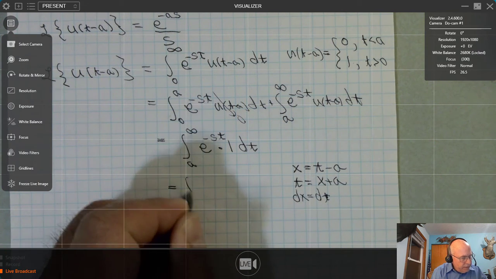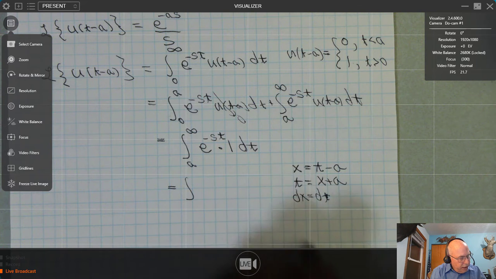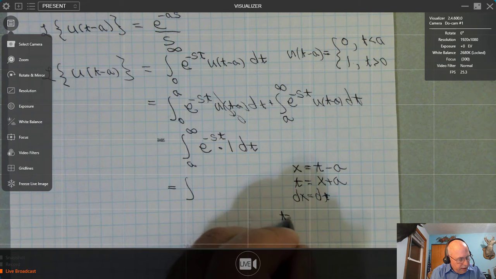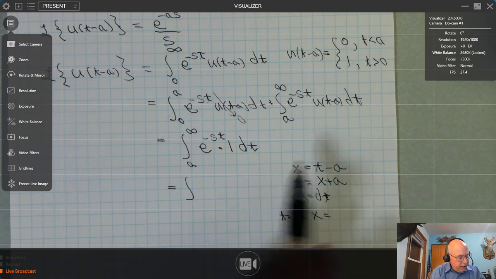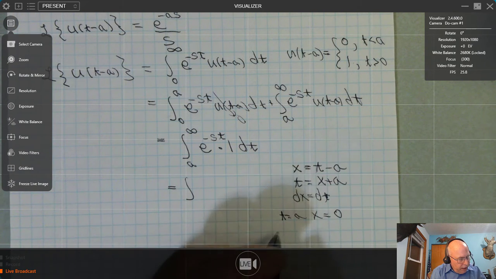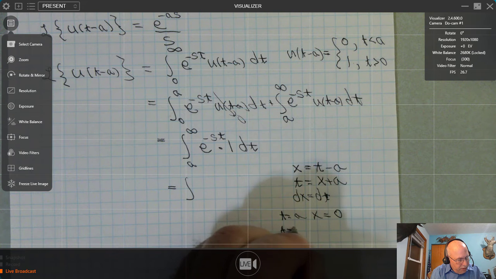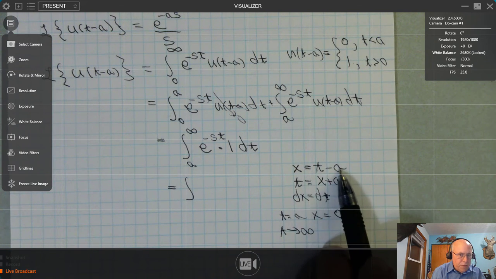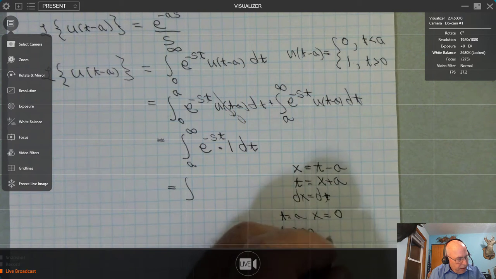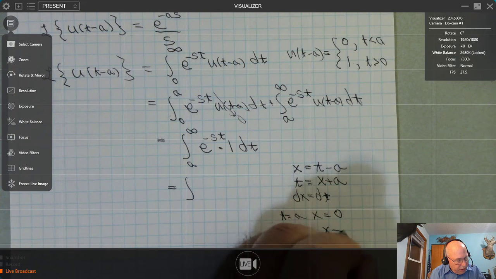So let's do that. All right, when t is equal to a, x, well, plug in the a here, x is equal to 0. And when t goes to infinity, well, you're subtracting off finite a, so that means that x also goes to infinity.